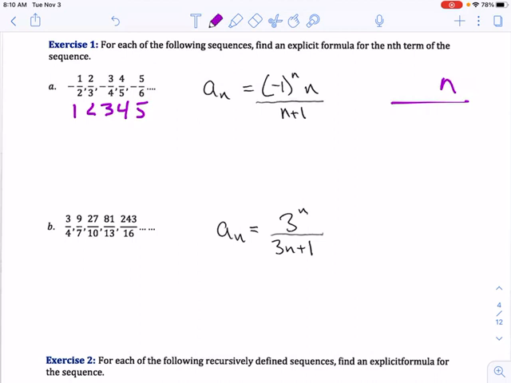Now, I may not have noticed that right away if I hadn't noticed that the numerator was equal to n. Sometimes when you figure out the numerator or the denominator, then the other is related to it somehow, and it makes it easier to figure out. So the denominator is simply my n value plus 1.